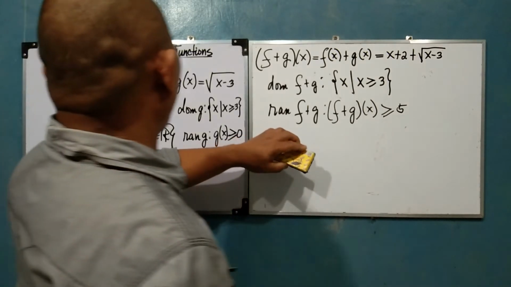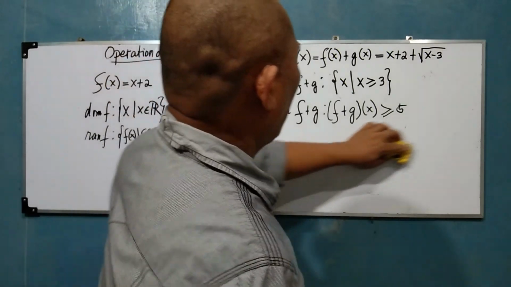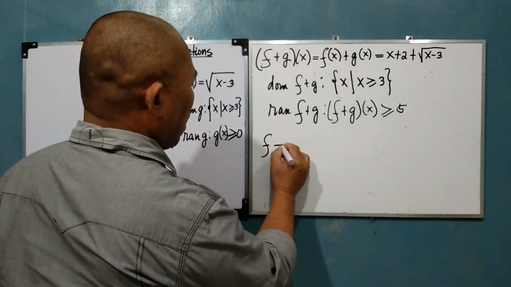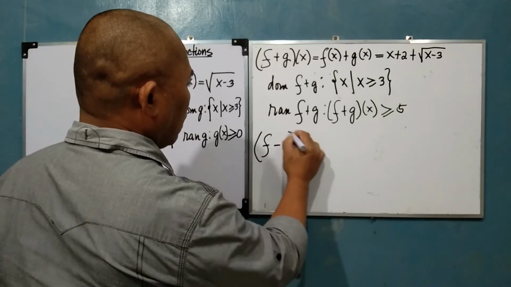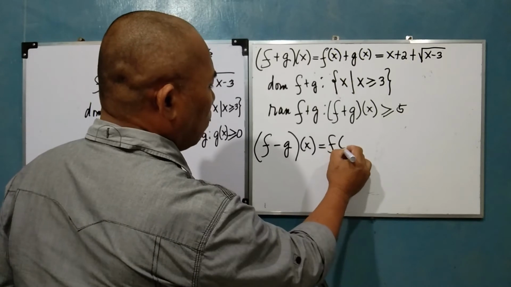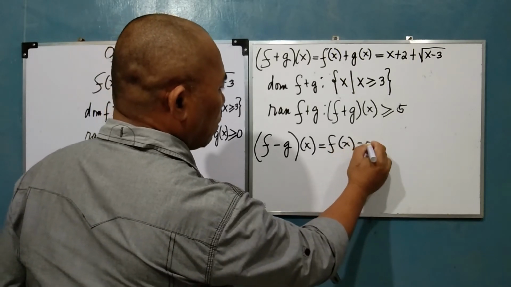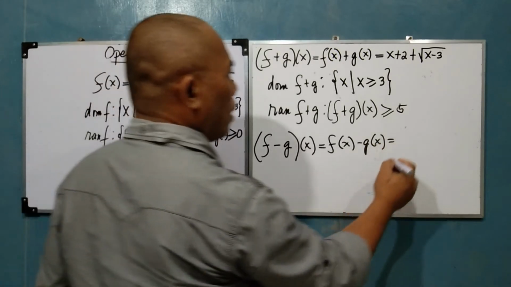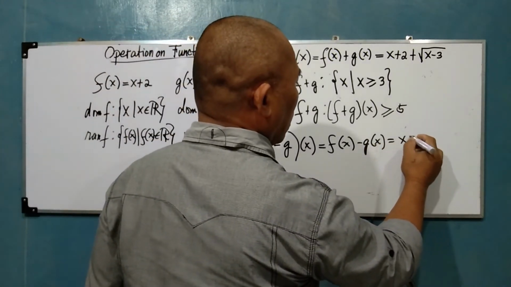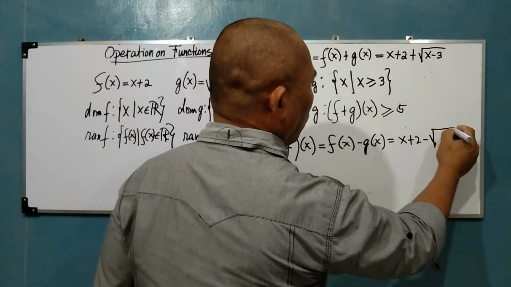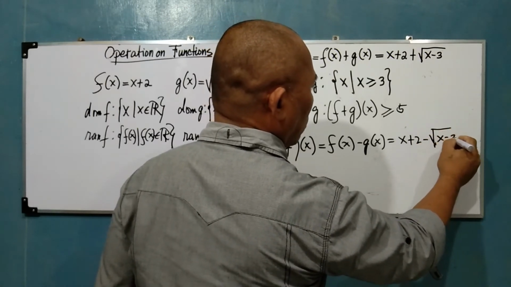Now, let's come to the difference. F minus g of x. So, the same thing. F of x minus g of x. So, substitute, you will have x plus 2 minus the square root of x minus 3.